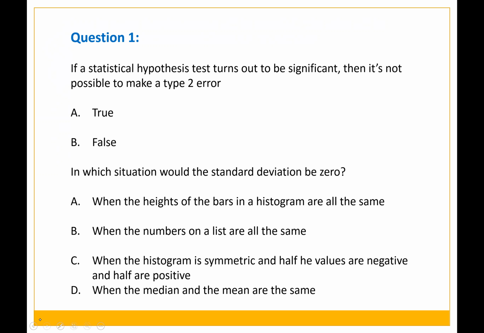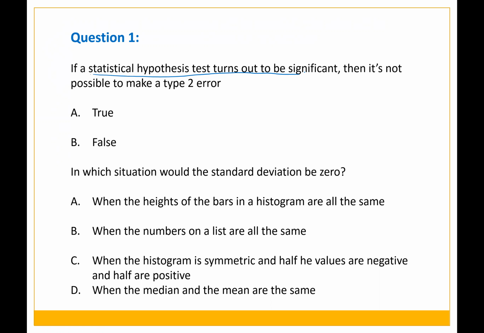Well, let's say you have a statistical hypothesis test that turns out to be significant. A type 2 error is where you fail to conclude that the test is significant. So if you already concluded its significance, then you cannot make the mistake of not concluding it to be significant, right?